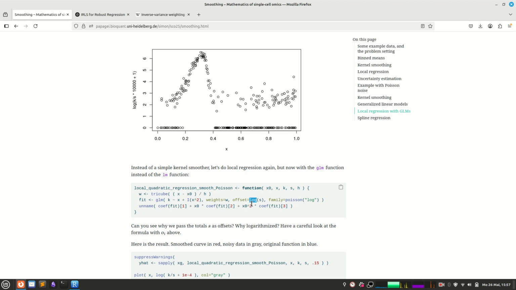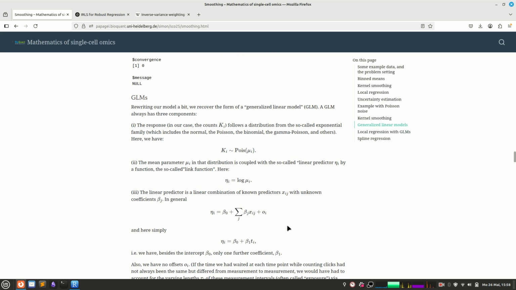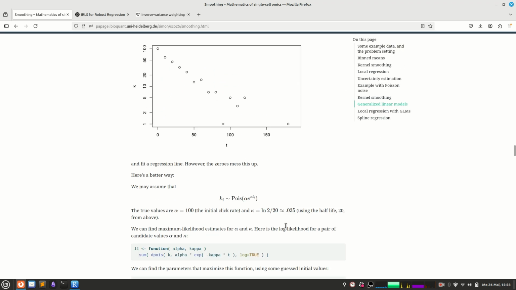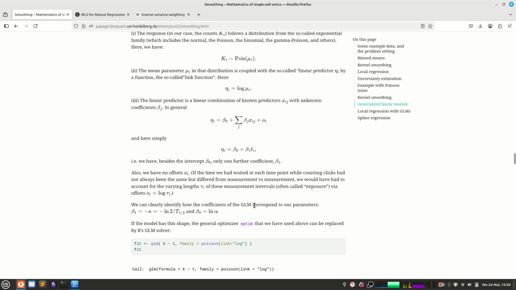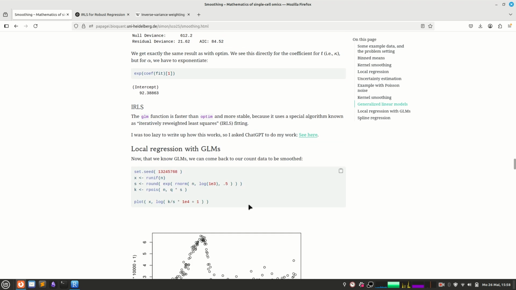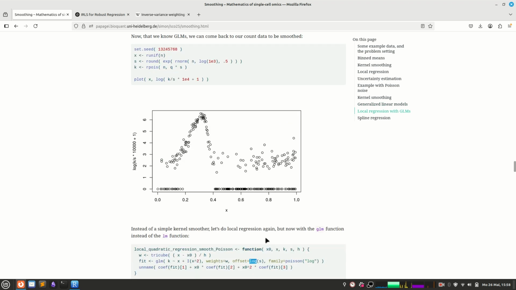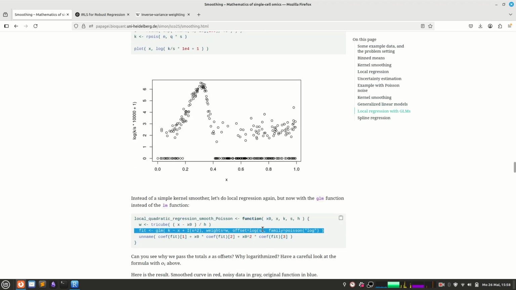The longer we wait or the deeper we sequence, the more values we get. And if you look at the math precisely, then you can see before I told you the exposure, so the length that we have to wait, goes here as a multiplicative factor in the Poisson expectation. And this time, the S is a multiplicative factor in the Poisson expression, so its logarithm goes here as offset.